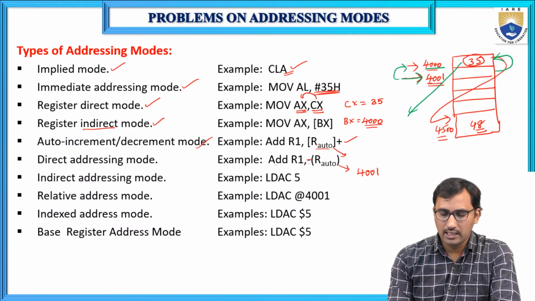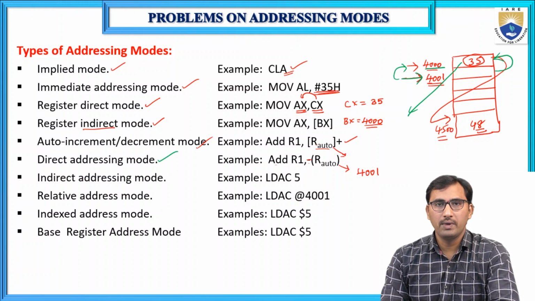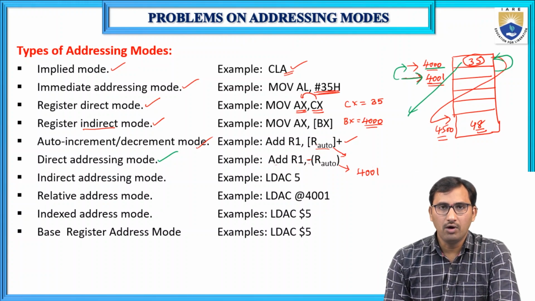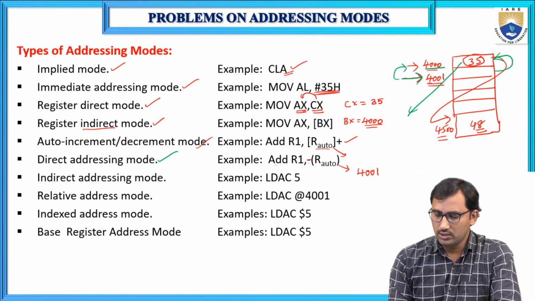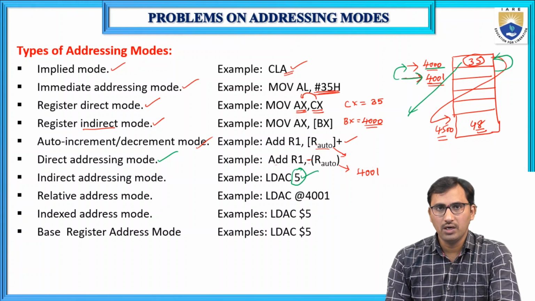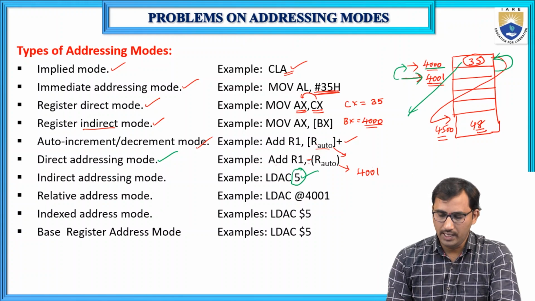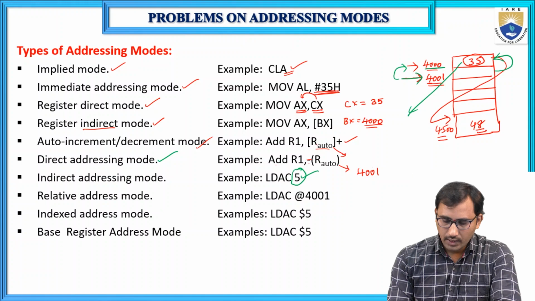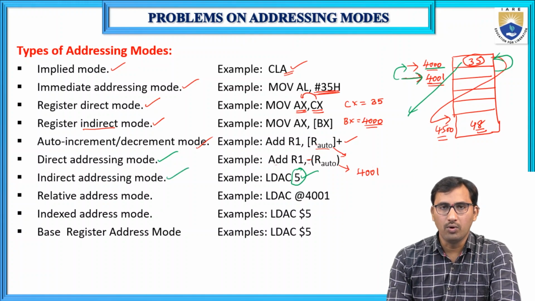Next, direct addressing mode. Direct addressing mode means the address of the operand is directly given in the instruction. So this is a direct addressing mode, LDAC 5. So 5 is the direct address that is given in the instruction. So we directly go to that particular memory location, then we can access the operand. Then indirect addressing mode.